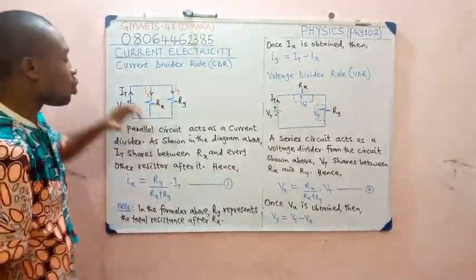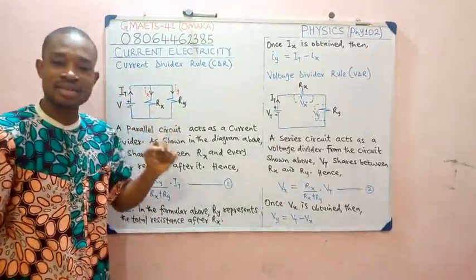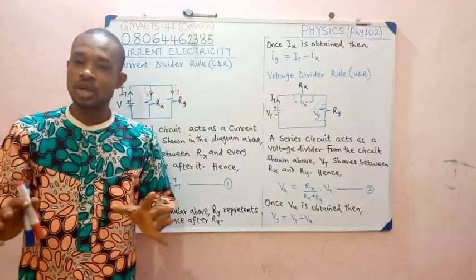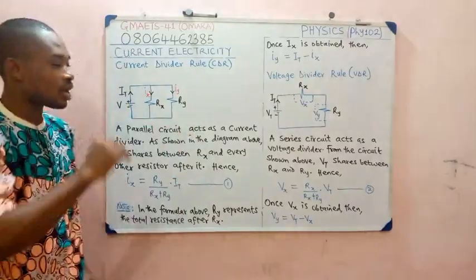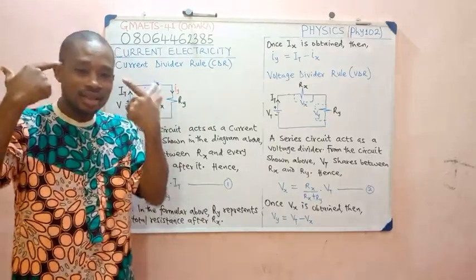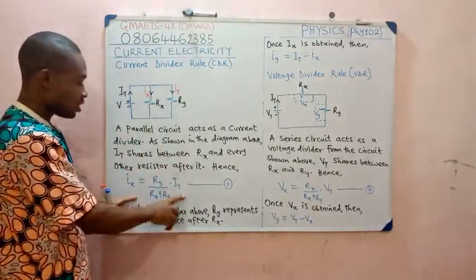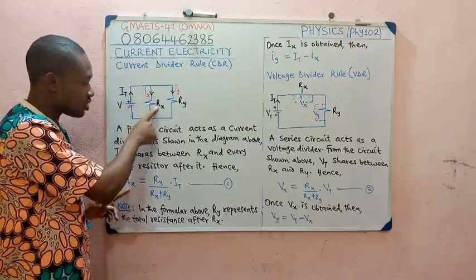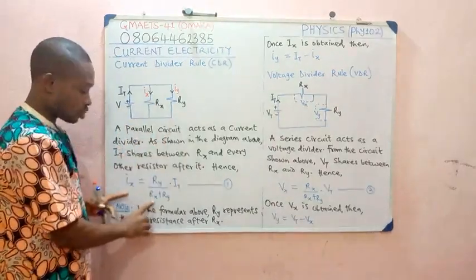So how do we obtain the current flowing through this Rx, this resistance X? We write without proof the formula here on the board. Now we know that current is inversely proportional to resistance. So applying the knowledge of Ohm's law, is that okay? We're going to have this equation: the current that is going to flow through this resistance X will be equal to, there will be an inverse proportion to each resistance.